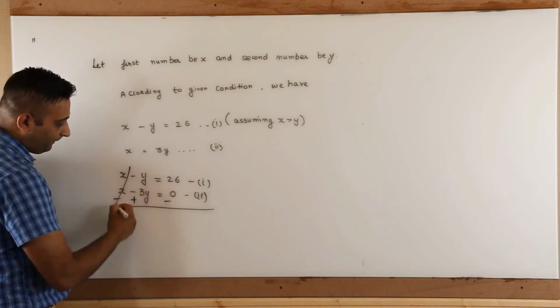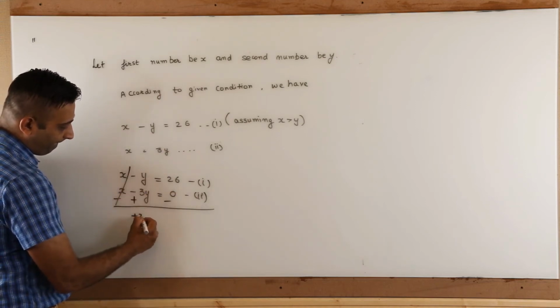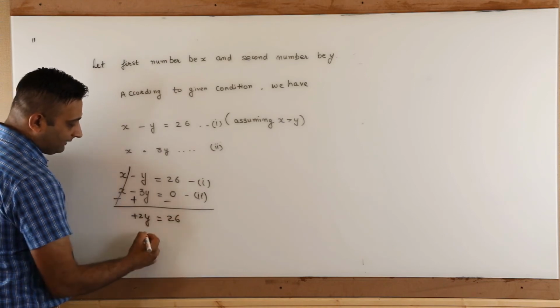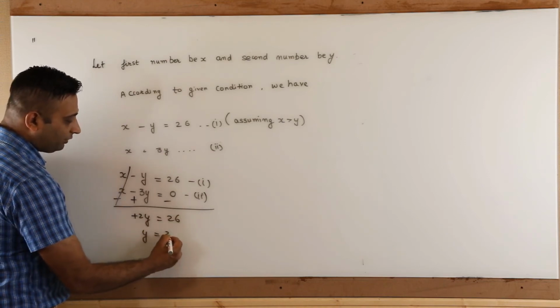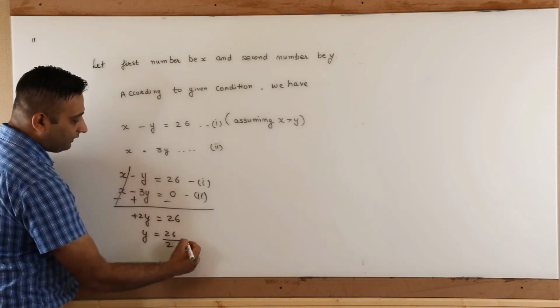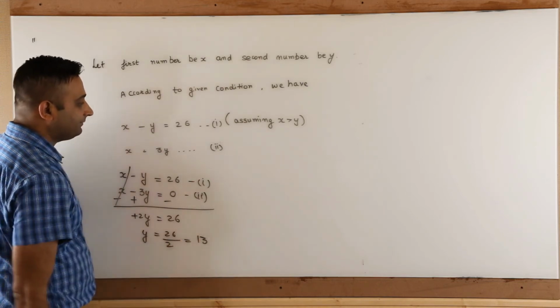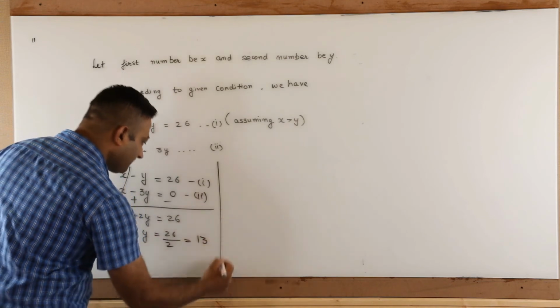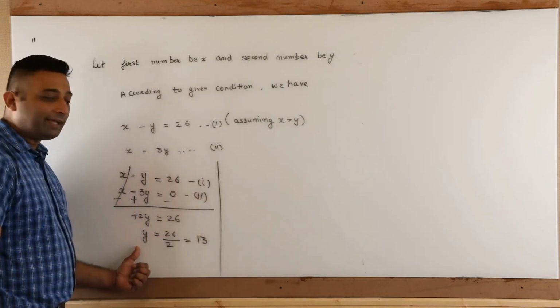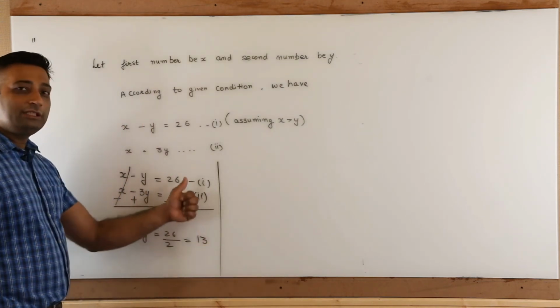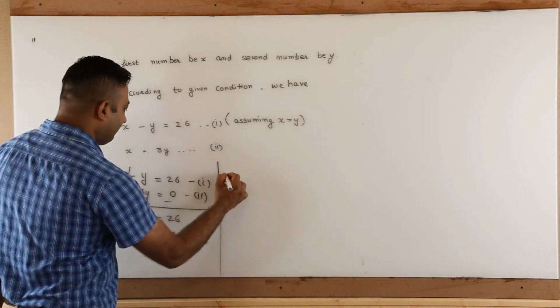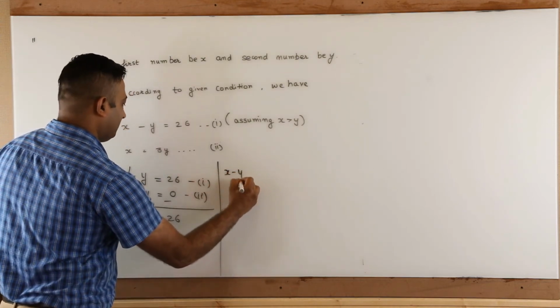So we got that means y is equal to 26 divided by 2, which is equal to 13. By substituting the value of y equal to 13 in any of these two equations, we will get the value of x.